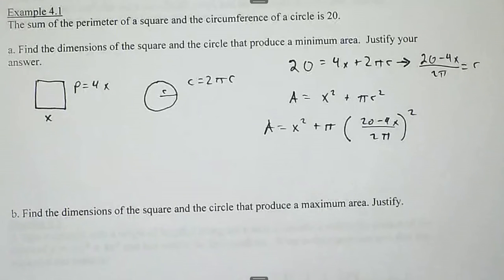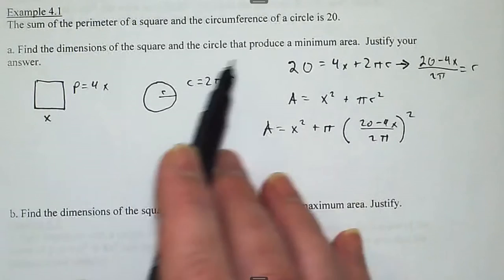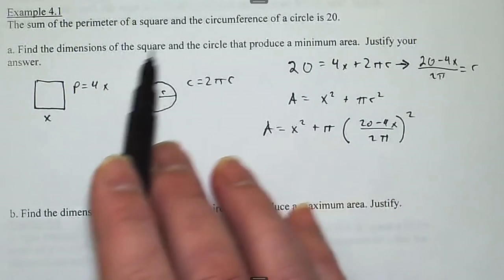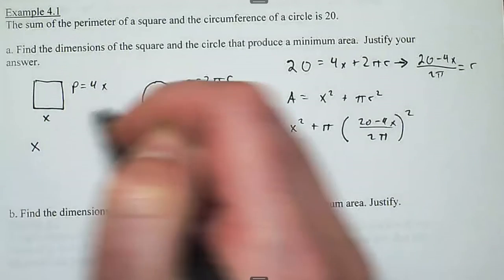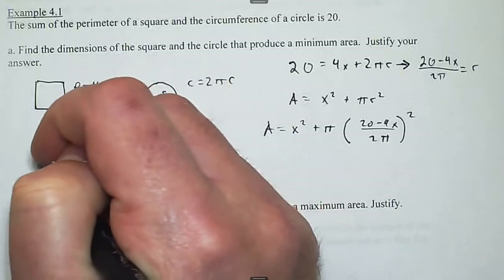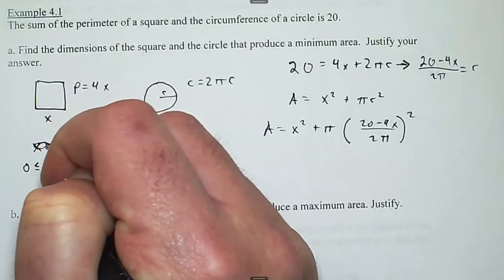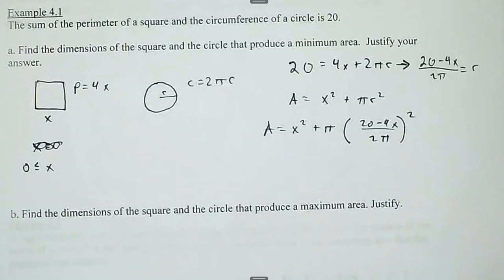Well, I think in this situation here, we can do that, because the perimeter and circumference added together has to be 20.